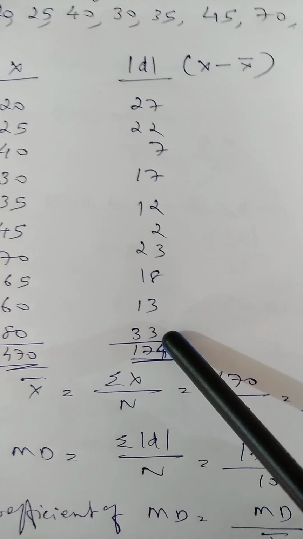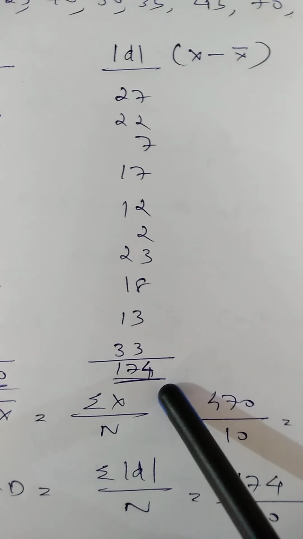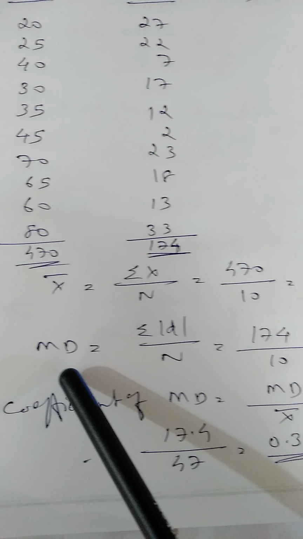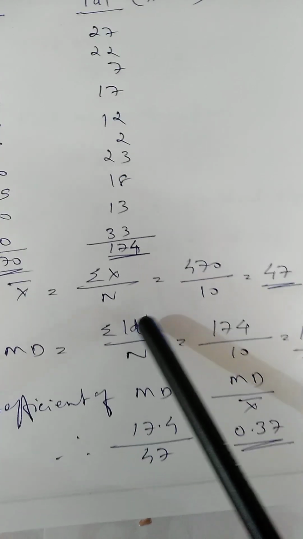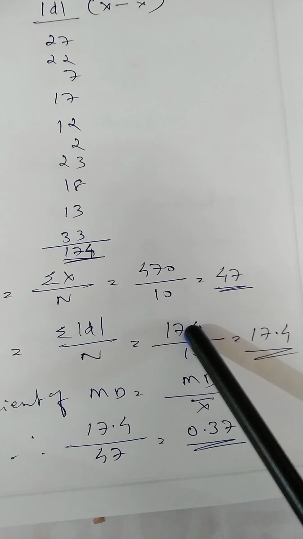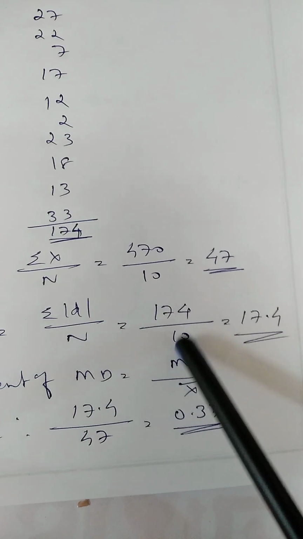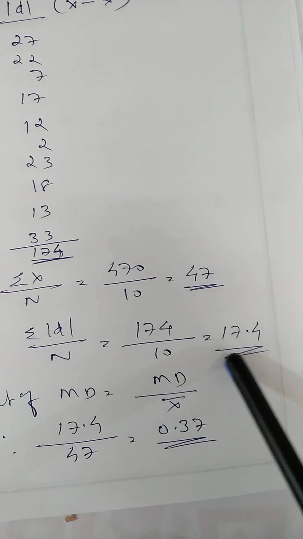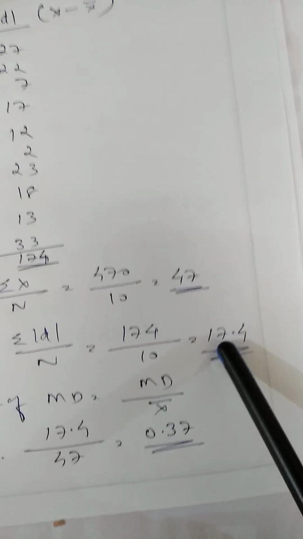Take the total of this column. It is 174. We know the number of items is 10. The formula to find a mean deviation is sigma modulus d divided by n. Modulus d value 174, n value 10. 174 divided by 10 provides 17.4. 17.4 is the mean deviation value.